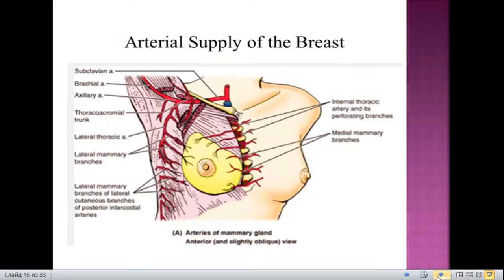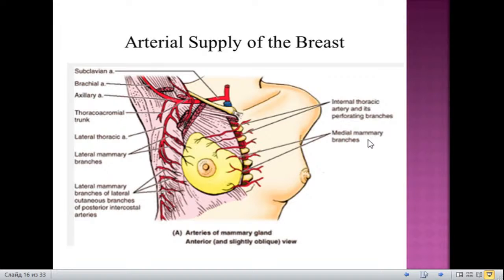Well, the next organ is also interesting for us. It is the breast. It has interesting blood supply, from the following sources. The medial side of the breast receives blood from the medial mammary arteries.